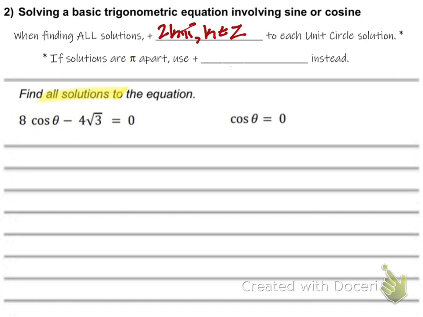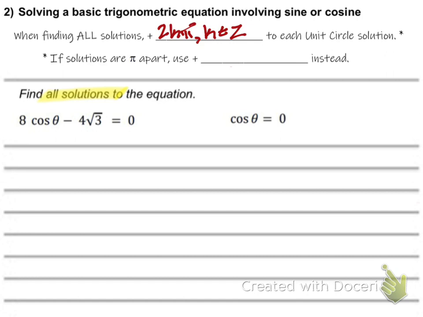So if k was 1, that would add 2 pi, right? If k is 2, that would add 4 pi, etc. So what it's doing is adding rotations. So when it wants all solutions, you add that little bit. And very kindly in Alex, there's a button that has all of that in it, okay? So you don't have to remember what all of that is.